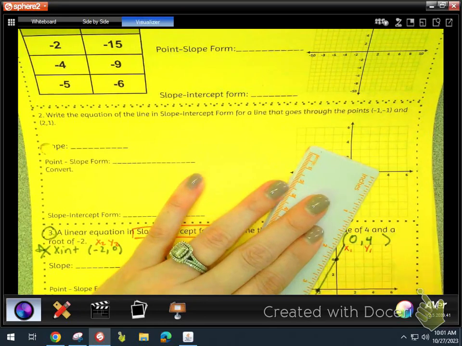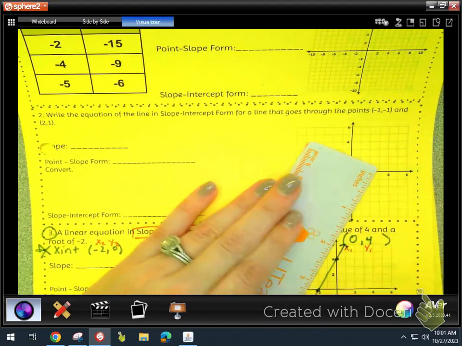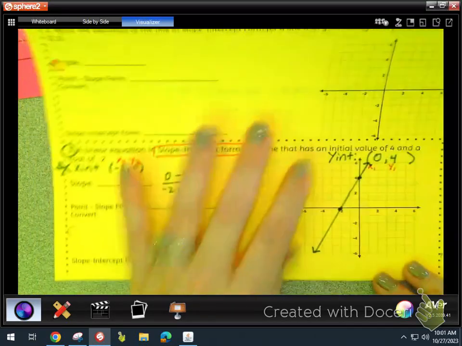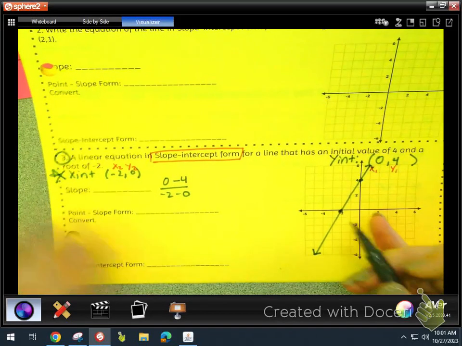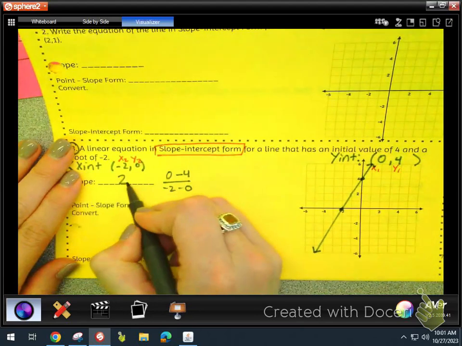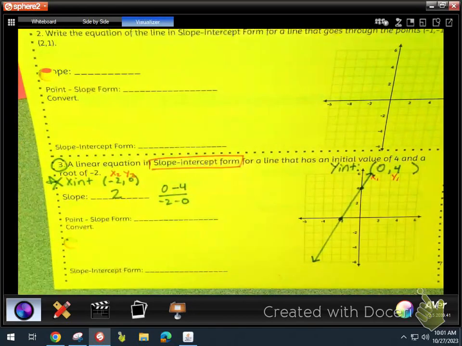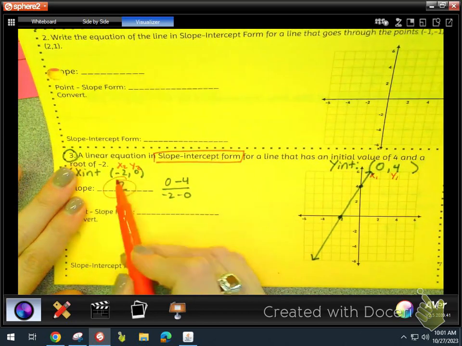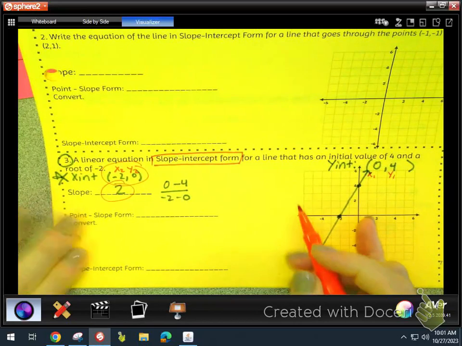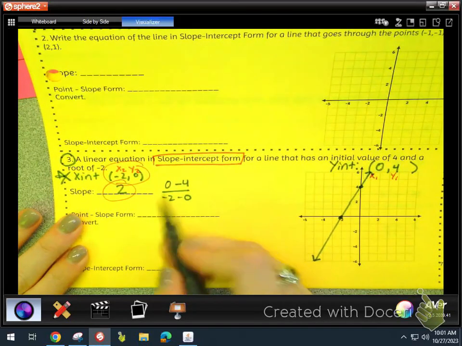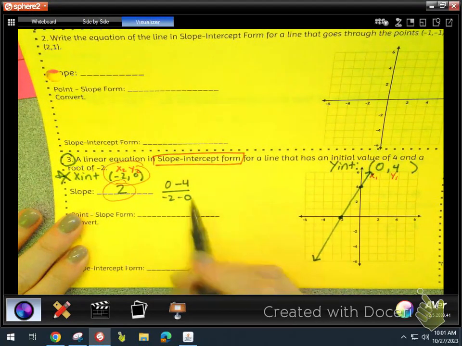And you are going to have to graph on your practice as well. Does it matter which point you use for your point slope form? No, it's up to you. I just circled the one right above it.